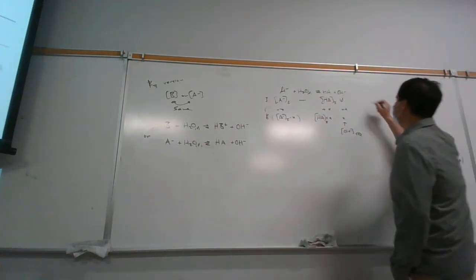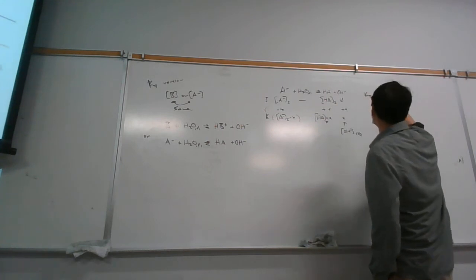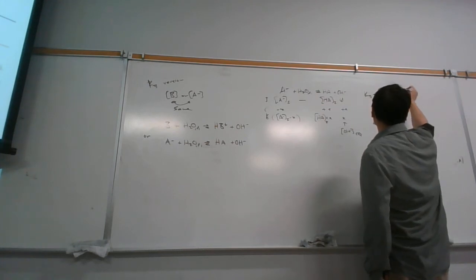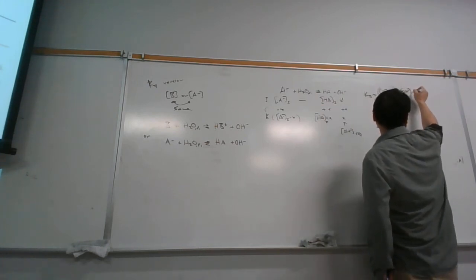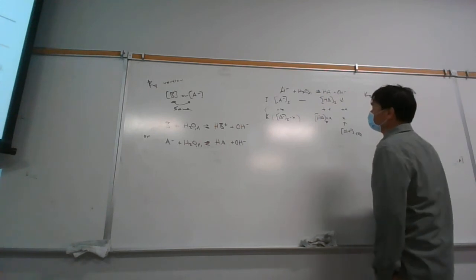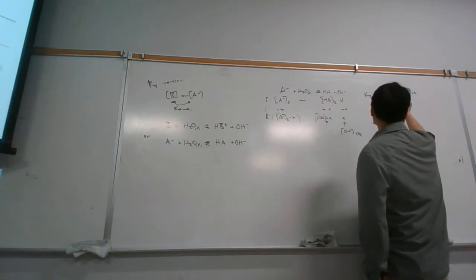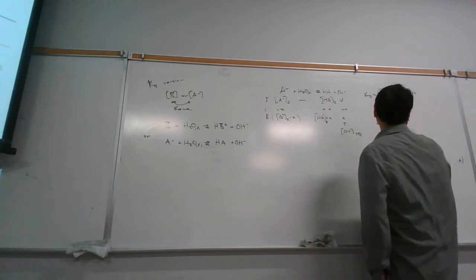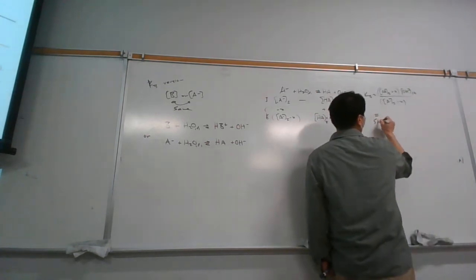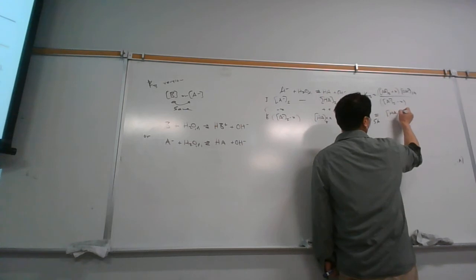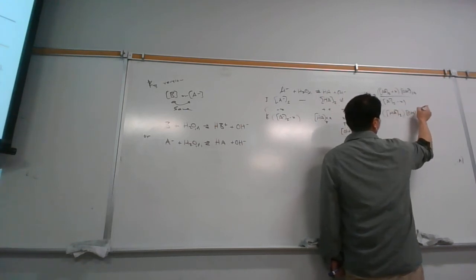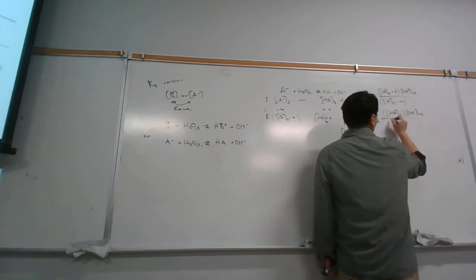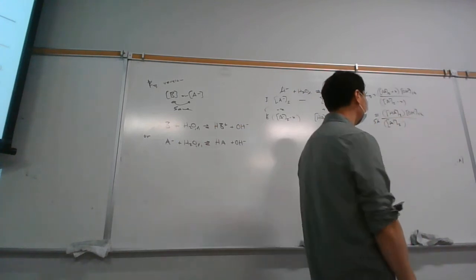And so we get Kb is equal to the HA initial plus X times the hydroxide at equilibrium, divided by the A minus initial minus X. If the SA works, then HA initial plus X is just the HA initial, times the OH minus equilibrium, and this would be A minus initial if the simplifying assumption works.